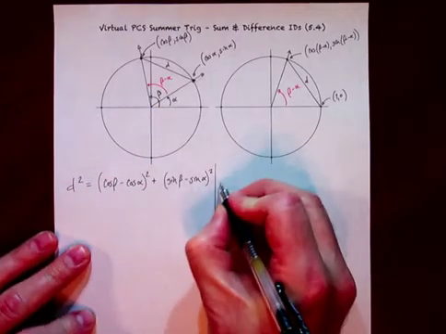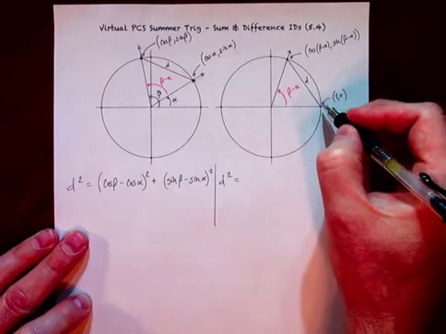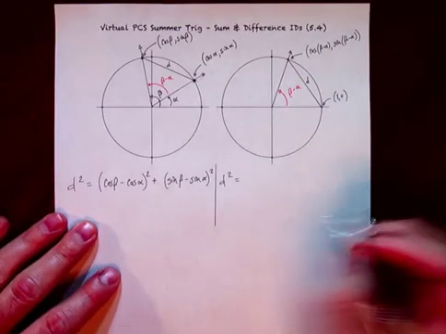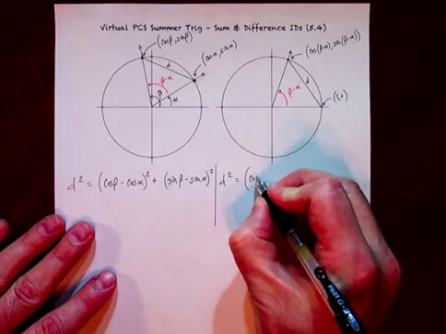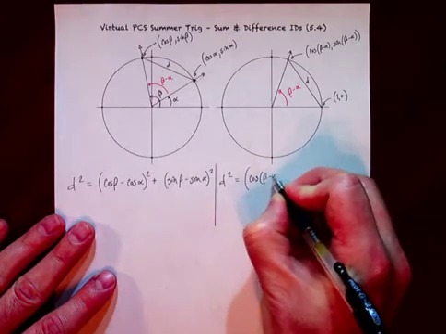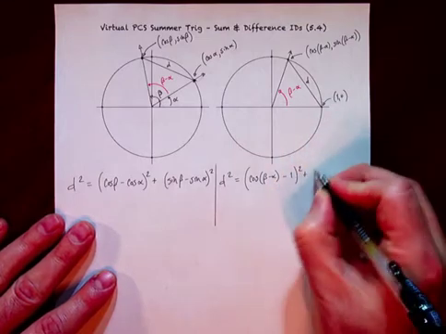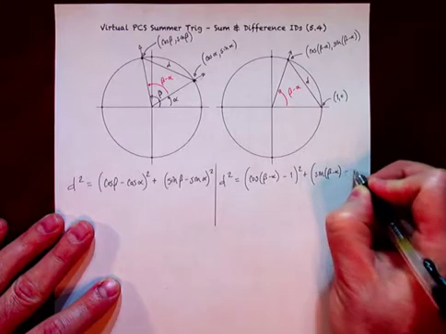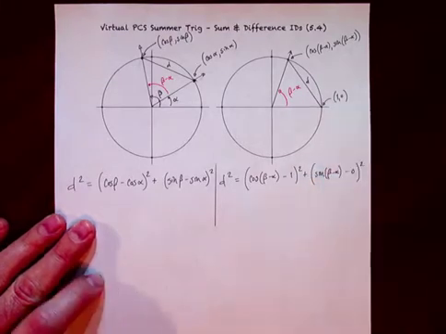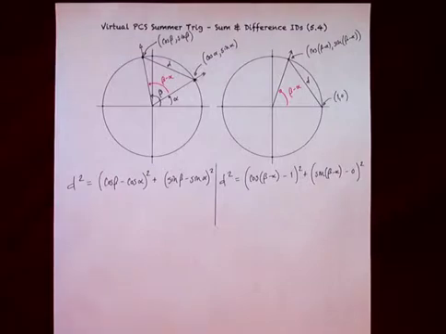Now over here, this ought to be the same distance, but we can express it differently. And we have x2 minus x1 squared, and then y2 minus y1 squared.